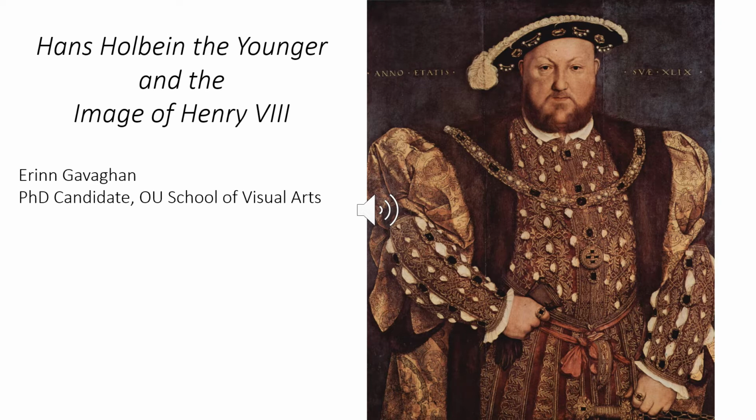So Van Mander's biography provides us with this early attempt to understand Holbein's place in the history of Renaissance painting in England. The work is brief, and it's written as a second-hand account and does not contain many original facts about the artist's life or practices.